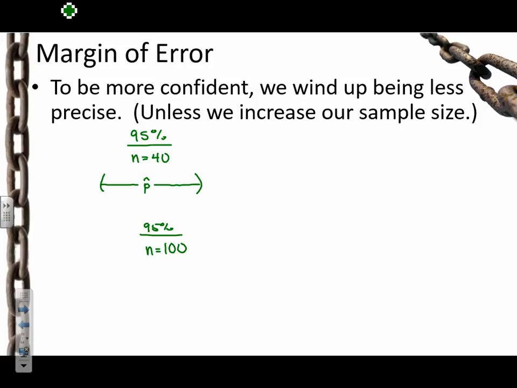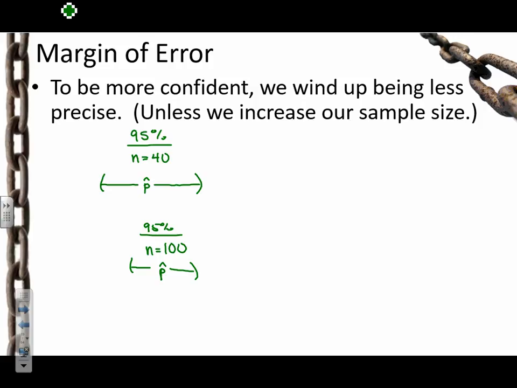Well, if I increase my sample size, what about my distribution changes? There's less variation, which means I don't have to reach as far to go 2 standard deviations above or below the mean, because my standard deviations are smaller, right? So if I do a 95% confidence with this bigger sample size, everything else remains the same, I can actually shrink my interval down. So now I still have 95% confidence in my overall interval, but notice I have a lot less area to work with in my interval.